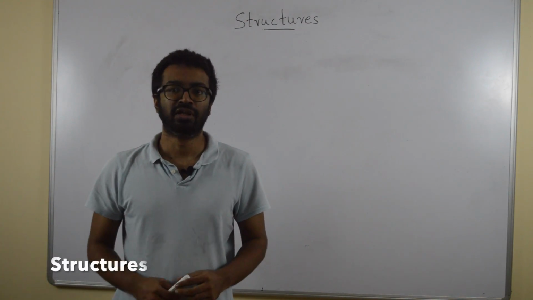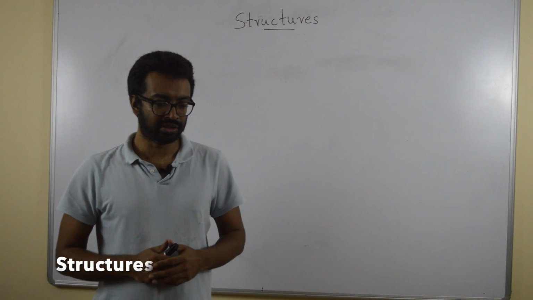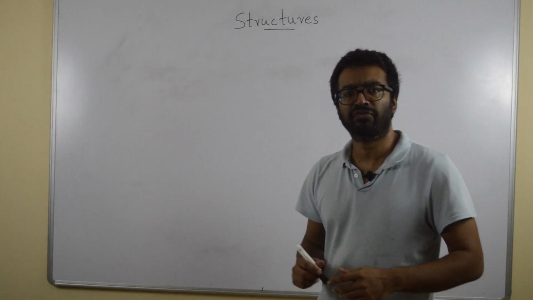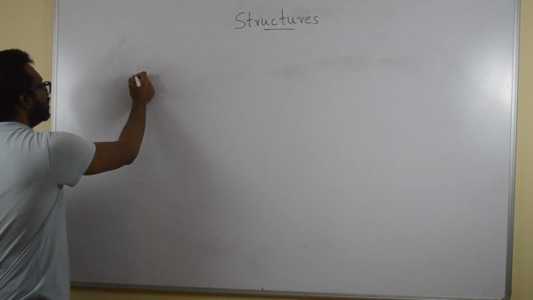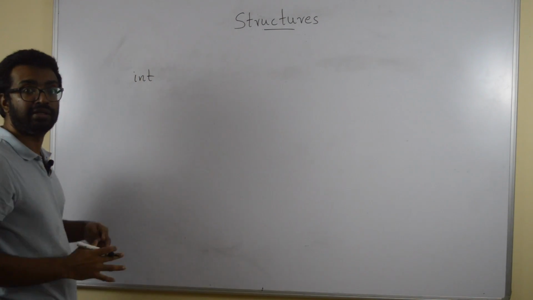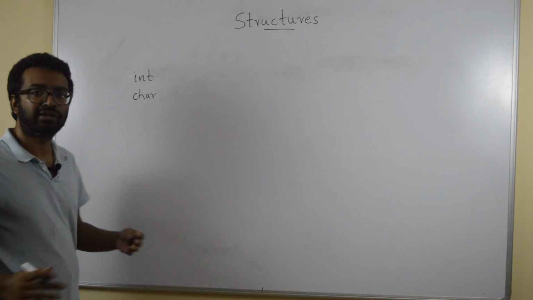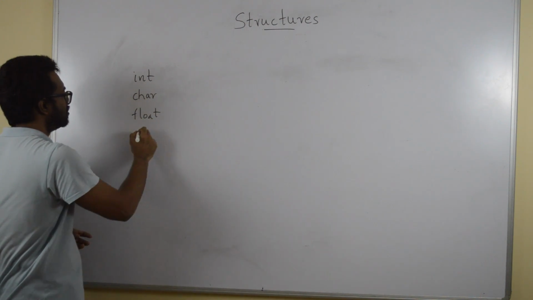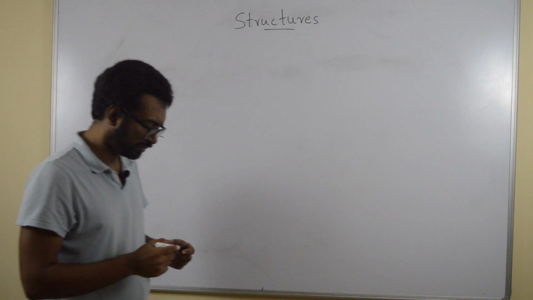Hello, good morning. Today we are going to look at structures, which are a user defined data type. What do I mean by that? We have seen different types of data types like int for integers, char for character, float and double.